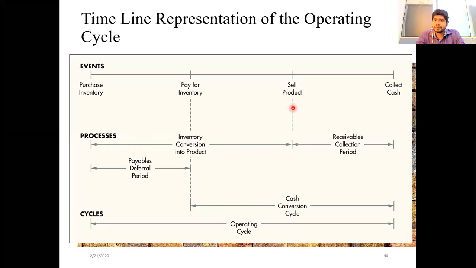And the period between sales and cash collection is called the receivable collection period, right? So here is the total cycle, right? The period from the purchase of raw material up to collection of money from your customers, the total length of time, is called the operating cycle.